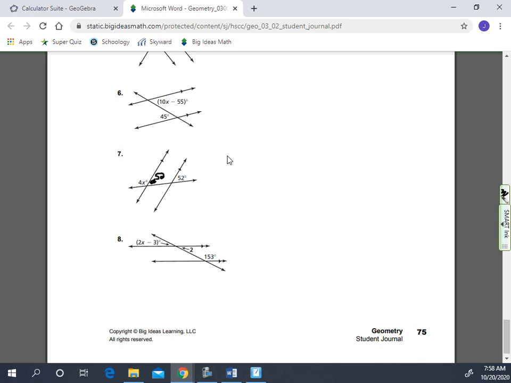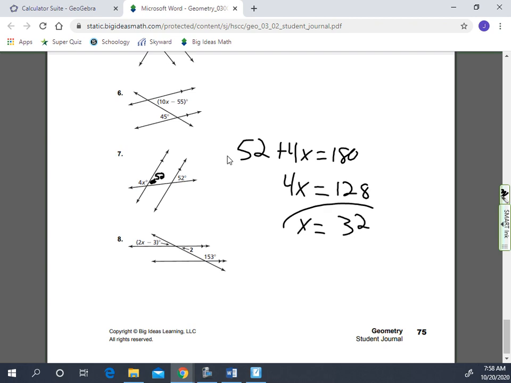And we know that 52 and 4x are going to add up to 180 degrees. So 52 plus 4x equals 180 degrees. Subtract 52, you get 4x equals 128. X equals, divided by 4 is 32. Sorry, not 32 degrees, 32.